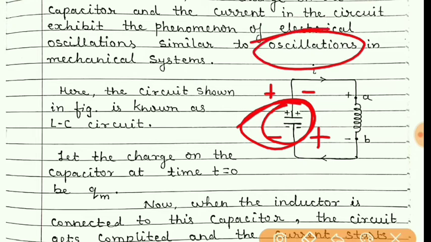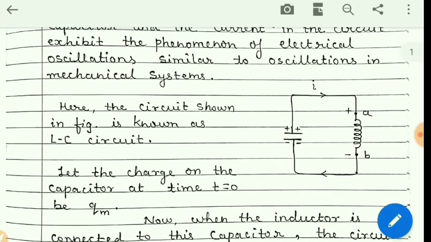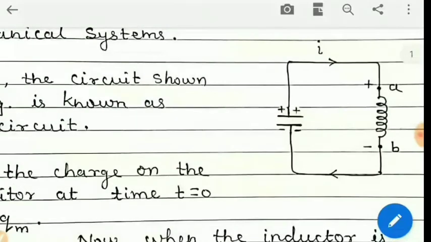Oscillations of what? Oscillations of this charge particle, and that's why this circuit is called an LC oscillator circuit, because here the charge Q oscillates between the two plates of a capacitor.